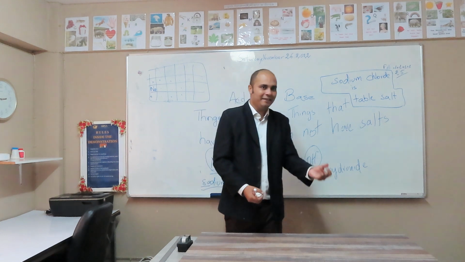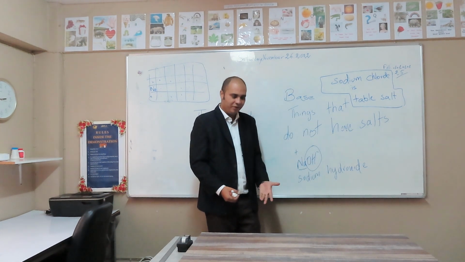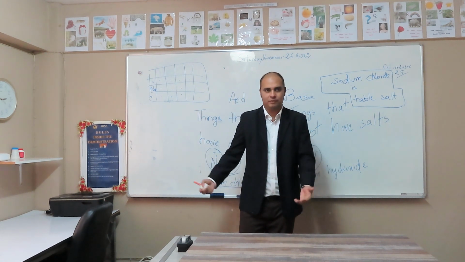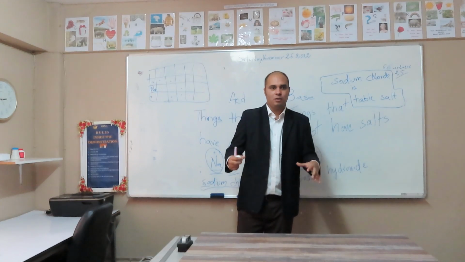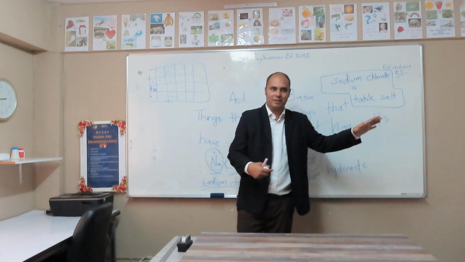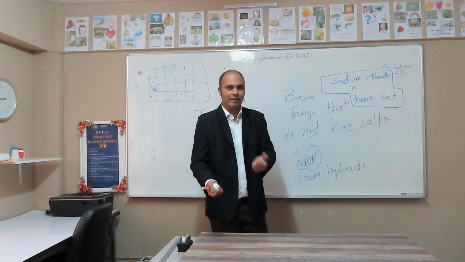Because we can eat the salts. When we work every day in our life, we use salts in our body. Our body consumes the salts, and the salts are then excreted out. But then our body needs salts again.